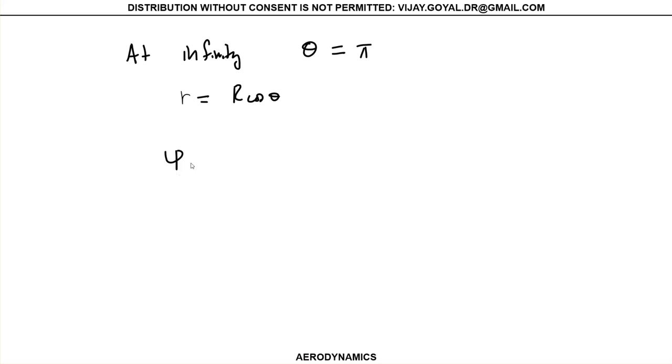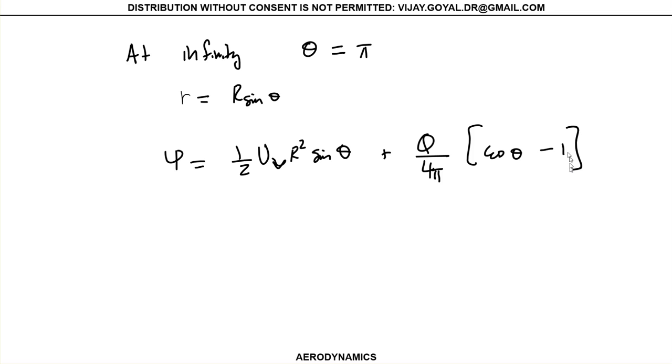So we know that your psi is equal to 1/2 u infinite r squared sine squared of theta plus q over 4 pi cosine of theta minus 1. So at pi, this becomes pi, this becomes pi, right? That is a streamline. So you end up with the following expression.